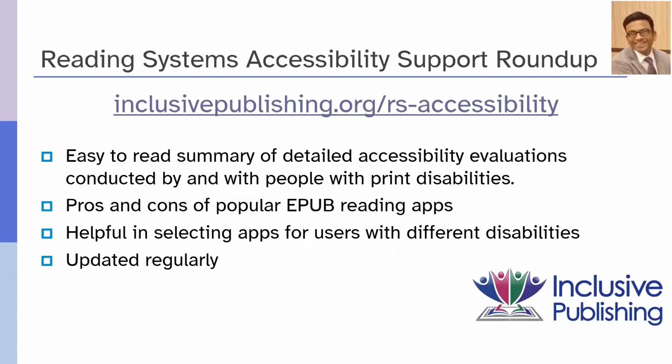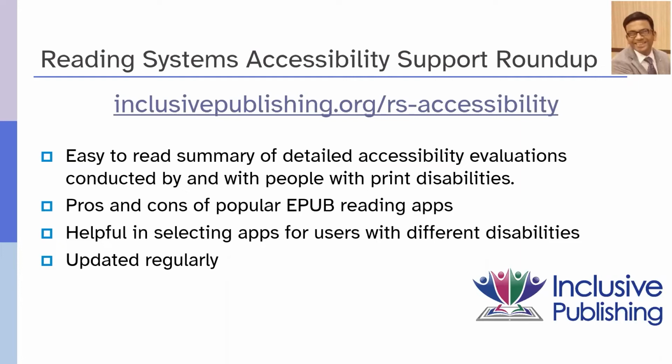On inclusivepublishing.org, we are maintaining a reading systems accessibility support roundup. This page is regularly updated. This page contains an easy to read summary of the detailed accessibility testing which has been conducted, and the report is available on epubtest.org.